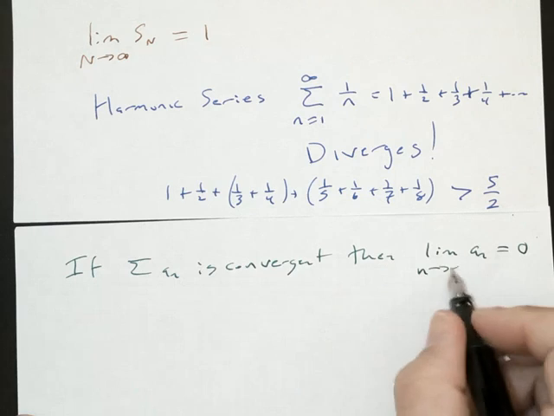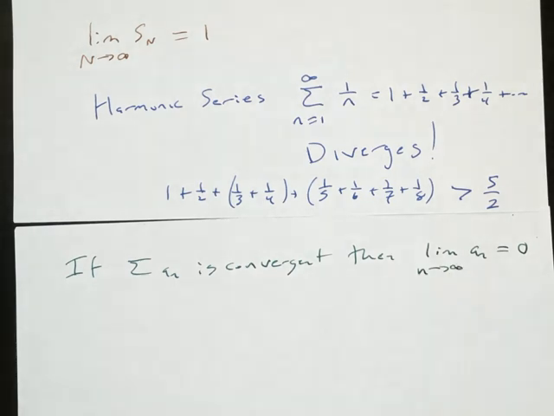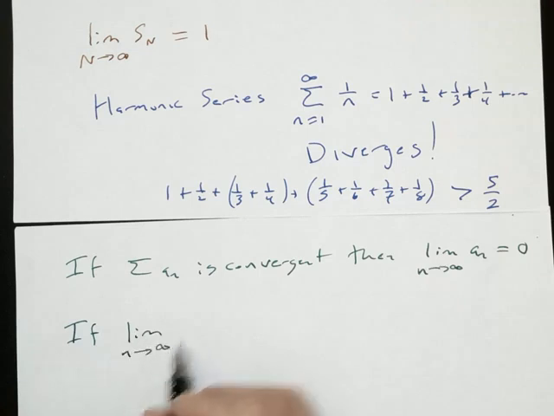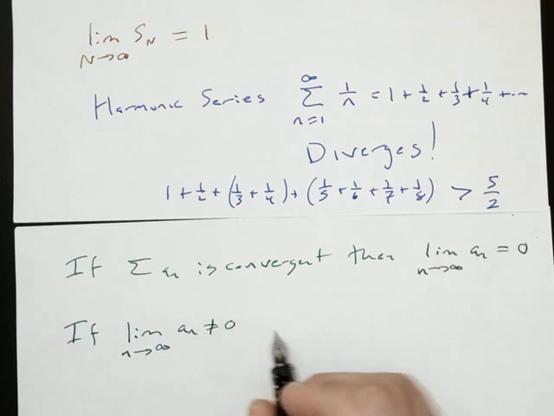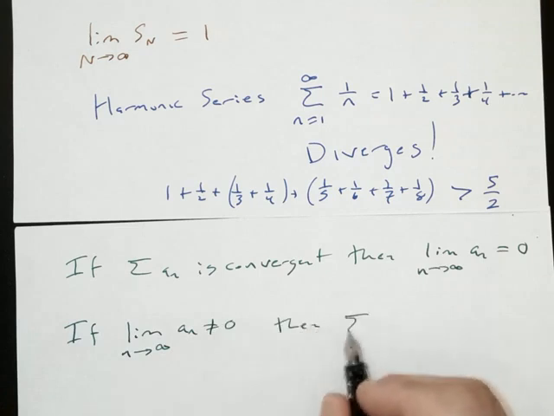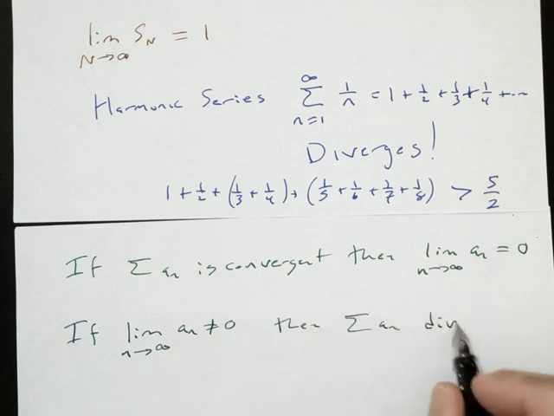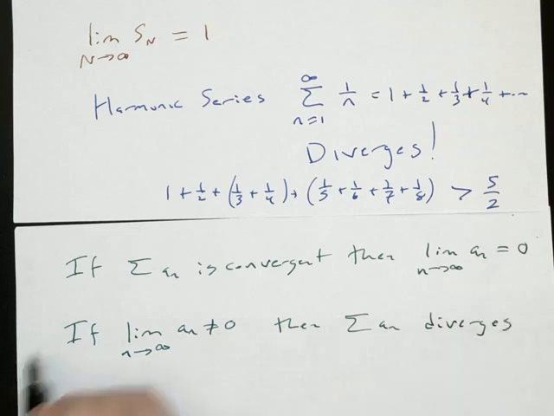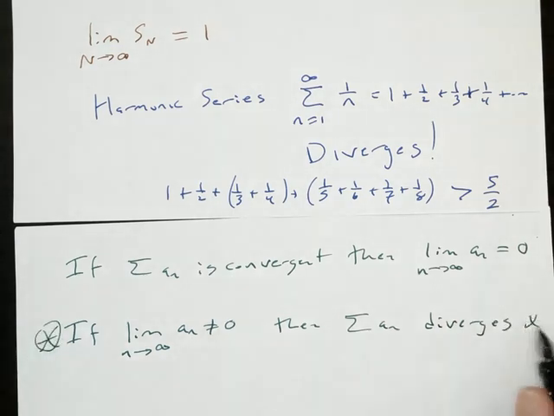You can't have terms getting bigger and bigger and bigger and have it add up to something finite. The reverse of this is more important. If the limit of my terms is not zero, then my sum diverges. We're going to use this one a lot. I call it the test for divergence.